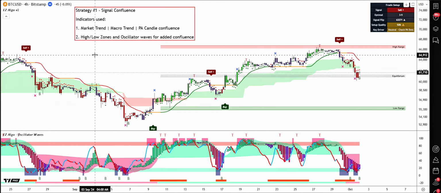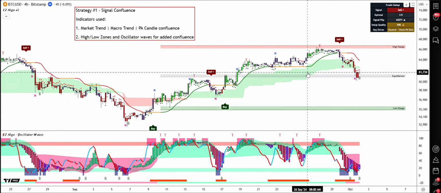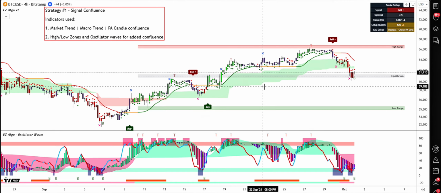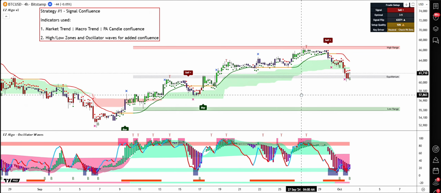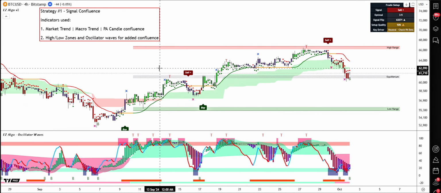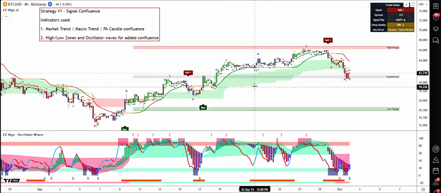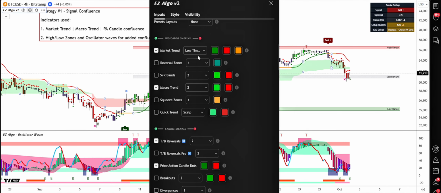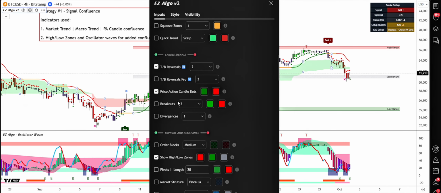So what we have on the screen is our market trend line, our macro trend, our price action candles for confluence. And just to give us a range to target, we have our high and low zones populated on the screen, which of course you can go into settings, click on the script, and we can see that we have these populated up on the screen.